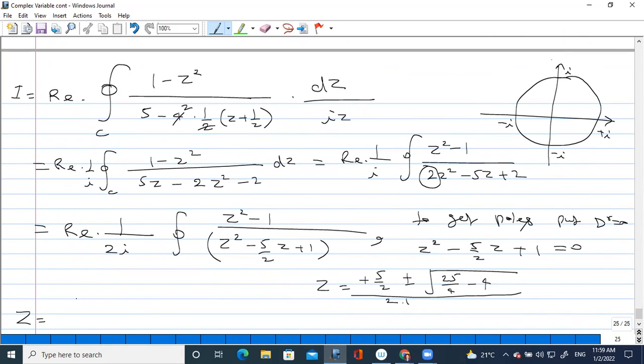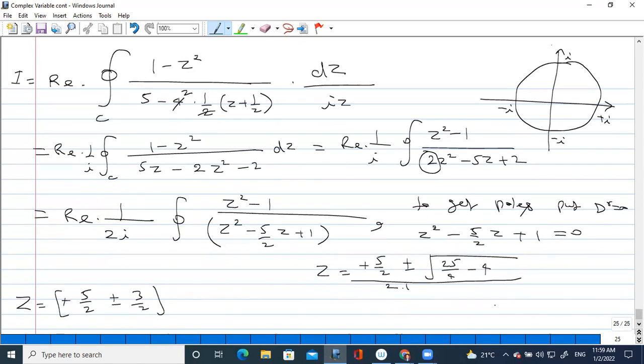So two poles are there: 5 by 2 plus minus under root of 25 minus 16, meaning 9 by 4, which is 3 by 2, and divide by 2 also.